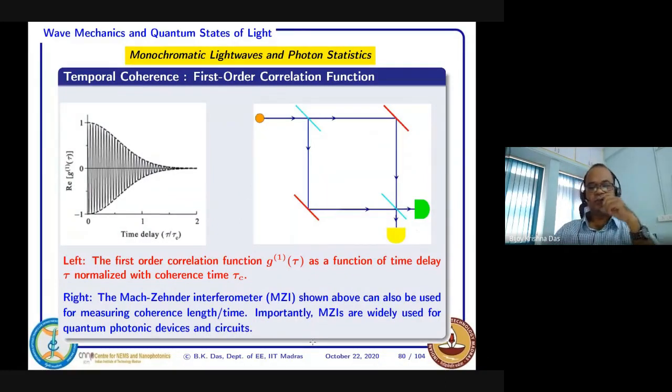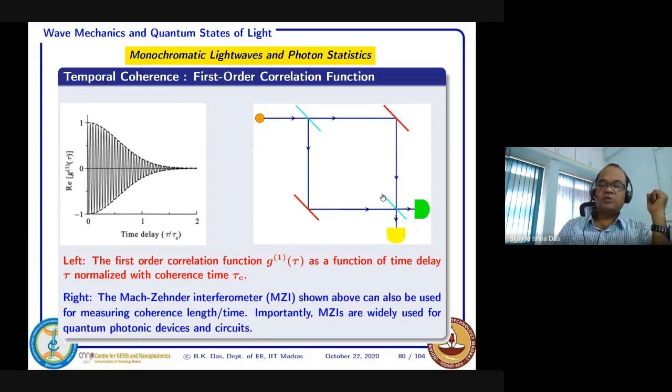And then we introduced another type of interferometer called the Mach-Zehnder interferometer. The advantage there is that you can access both the ports. One port will be maxima and the other port will be minima simultaneously if you measure.